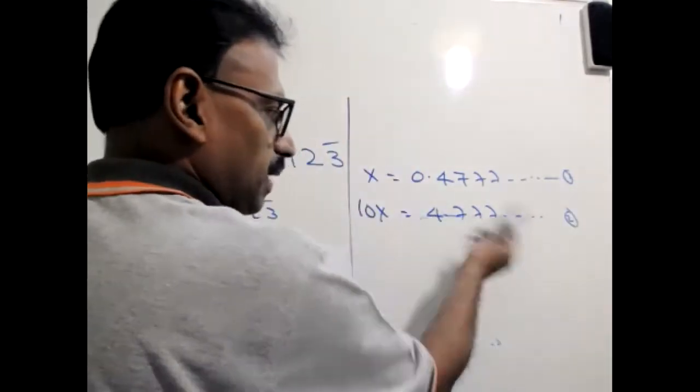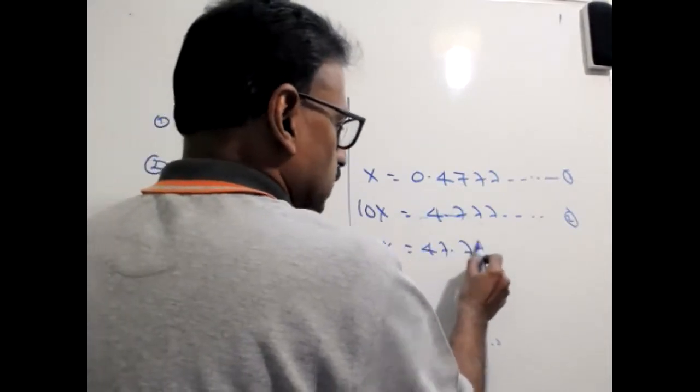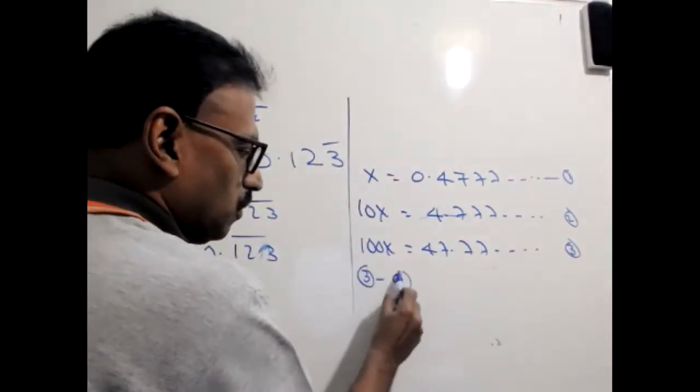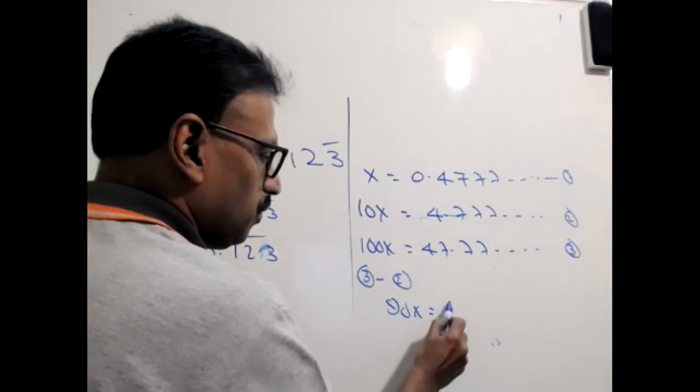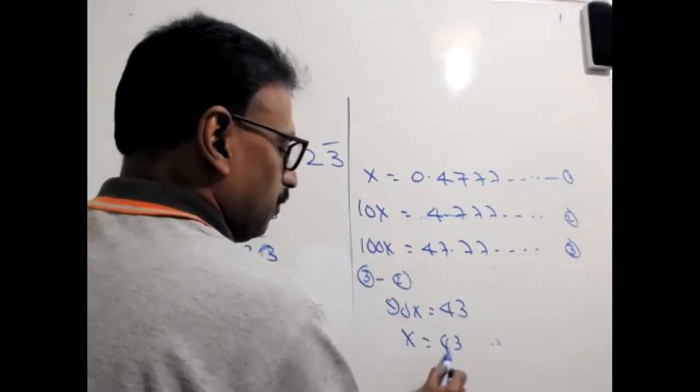One digit repeating, multiply by 10. 100x equal to 47.777, number three. 3 minus 2: 90x equal to 43. X equal to 43 divided by 90.